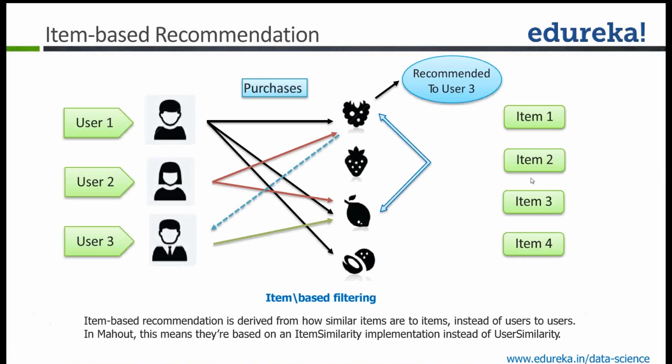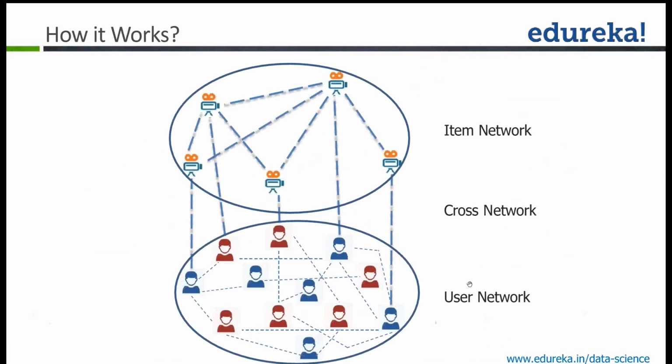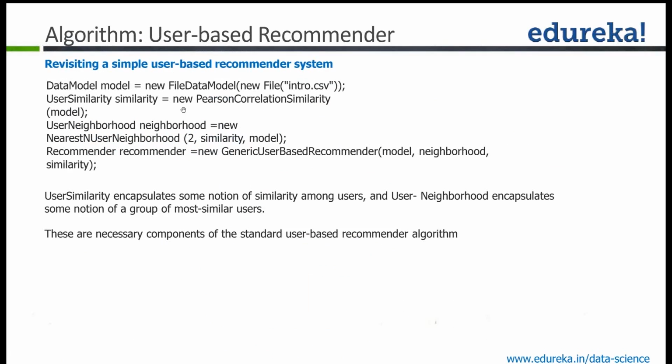For example, we have already seen this one: here I'm constructing a user similarity value, specifically the Pearson correlation. Instead of constructing the user similarity, I construct an item similarity and then simply pass that item similarity to my recommender engine. Then it suddenly becomes an item-based recommendation.